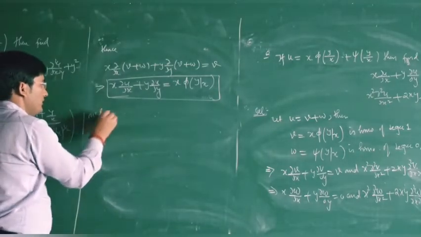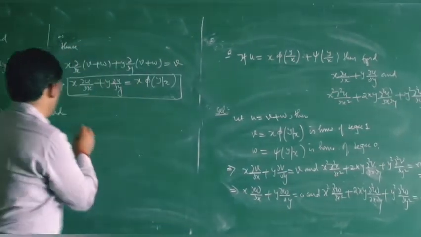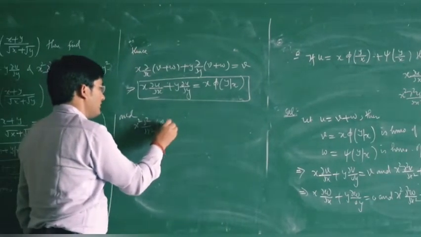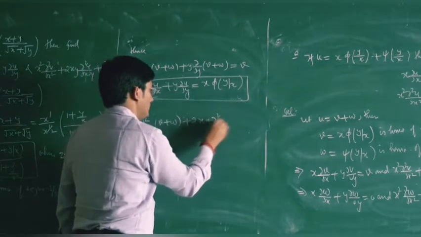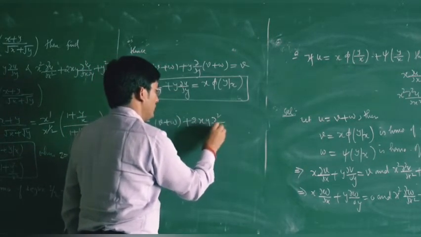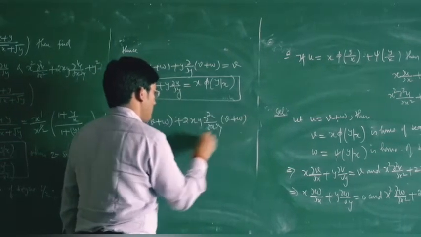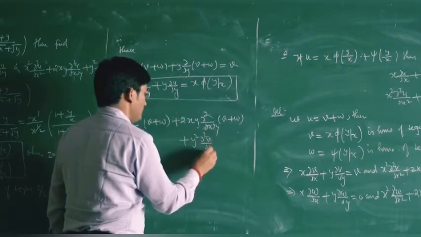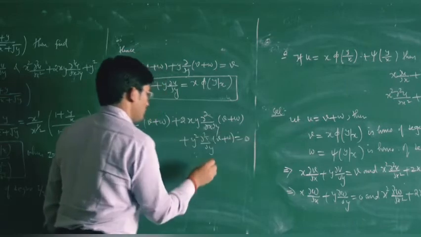And if we add these two equations, then we will get x square del 2 upon del x2 of v plus w, plus 2xy del 2 upon del x del y of v plus w, plus y square del 2 upon del y2 of v plus w, equal to 0.